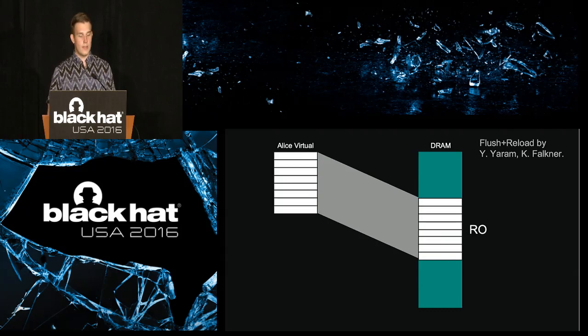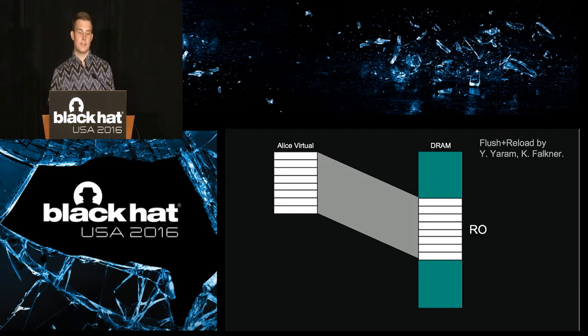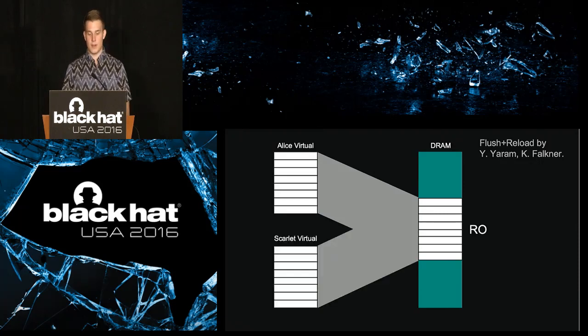When Alice runs a program, the operating system loads the binary into physical memory, sets up a process, and then uses the page tables to map some of that virtual address space into the physical memory. Now, when Scarlett comes along and runs the exact same program, the operating system could load a second copy into physical memory, but that would be wasteful because the program's not changing.